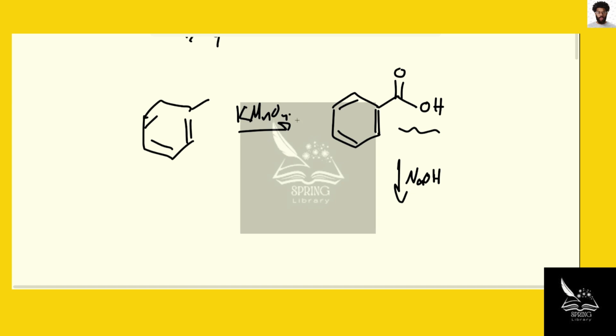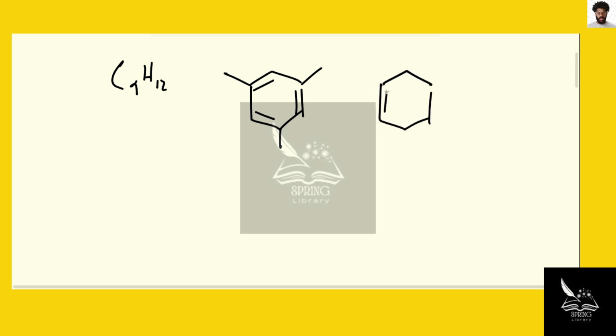So let's go back to the fact that we have C9H12, and we're assuming maybe it's some kind of benzene derivative. Great. Well, now we've got 3 more carbons to tack on, so we could do something like this, something like this. But how do we know?